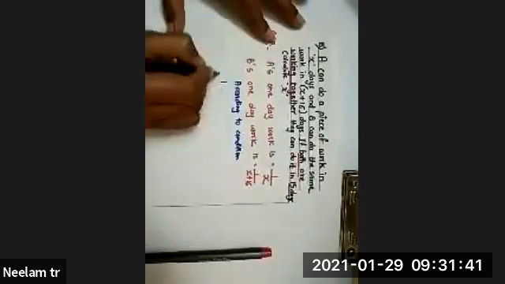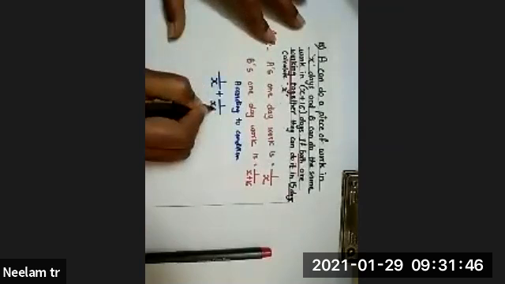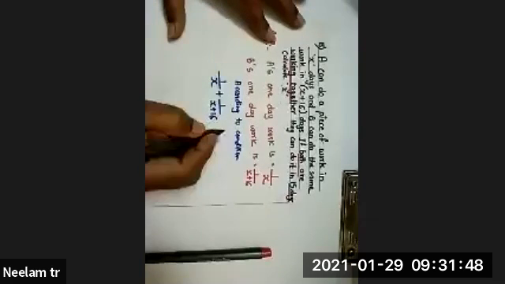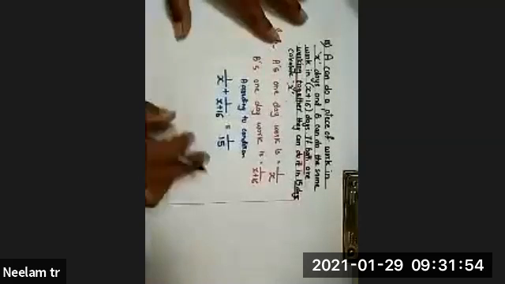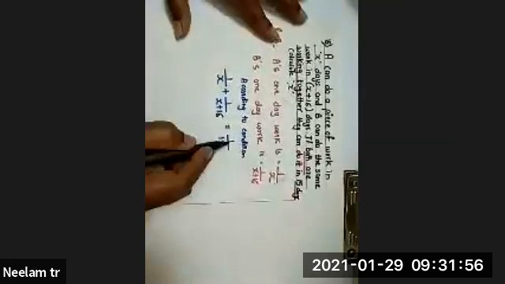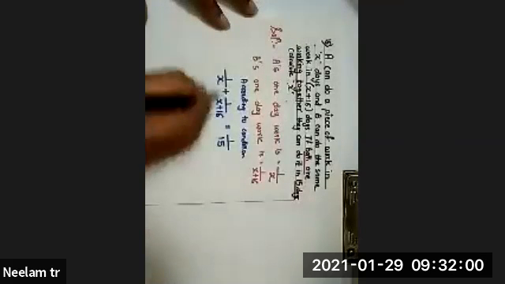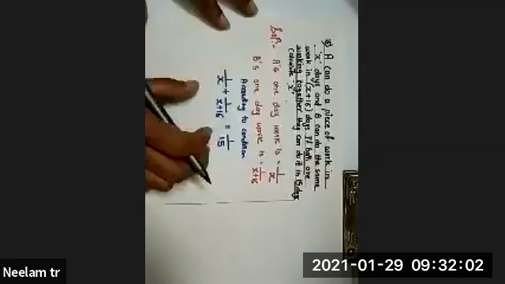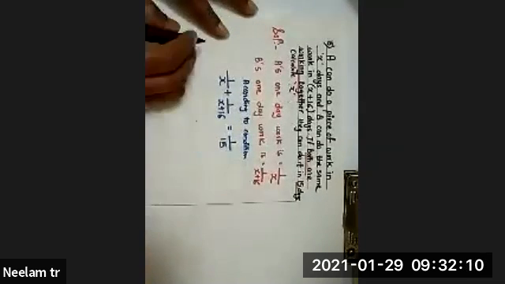Means you are going to add 1 by X plus 1 by X plus 16 equals 1 by 15. This question was asked in your board exam. Pay attention to it. Similar to the previous question we have solved. Okay? How much work? 1 by 15 work. Now everything is the same. Cross multiply it. You will get your quadratic equation. Solve it by the factorization method. You will get 2 roots and you will find the value of X. Chalo.